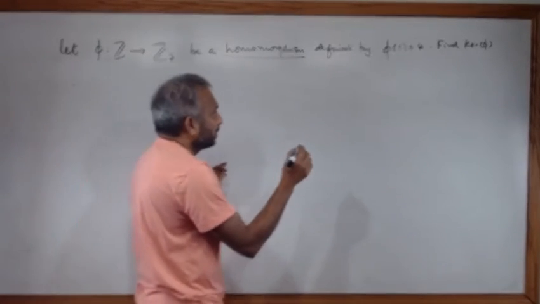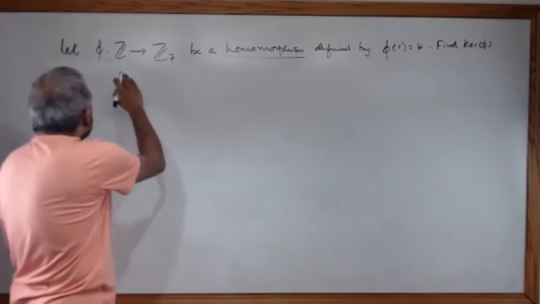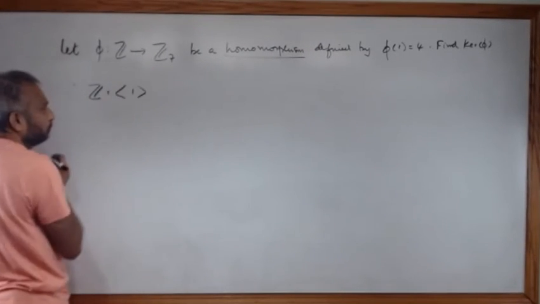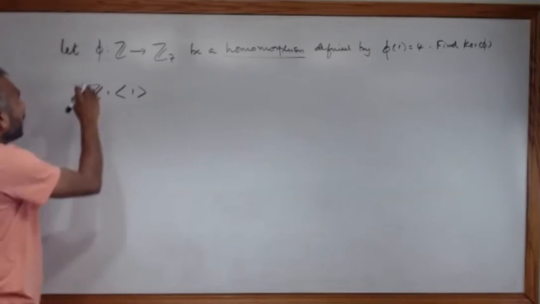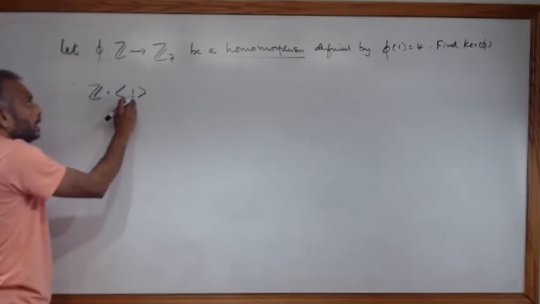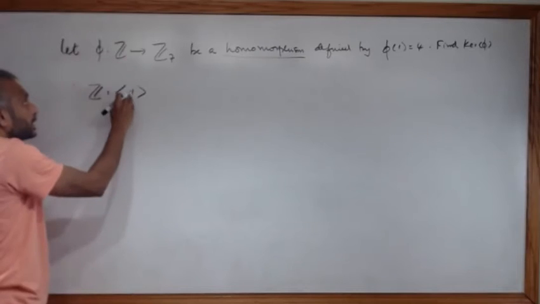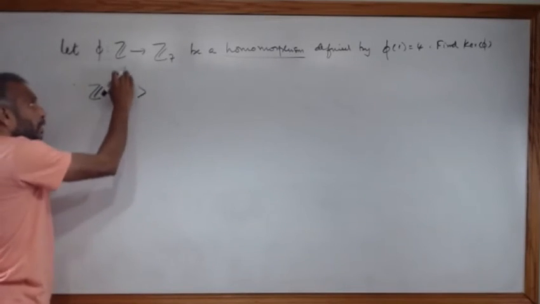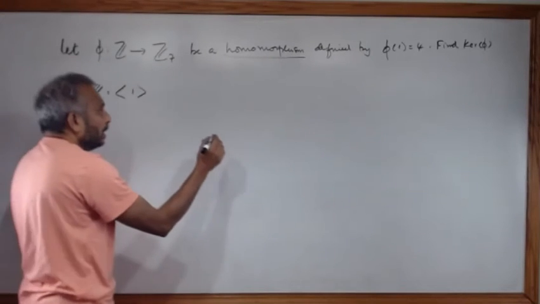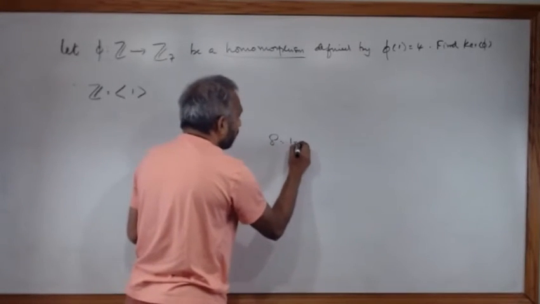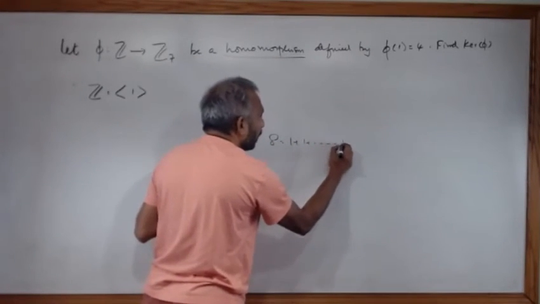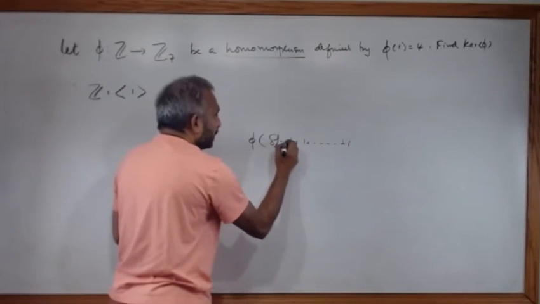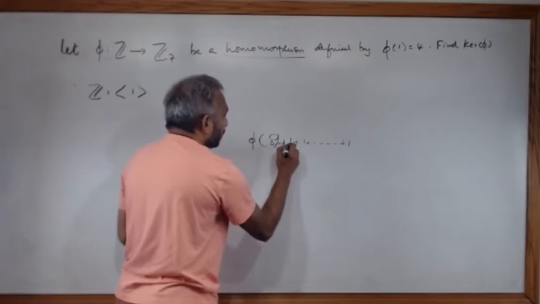Why? Because Z is actually generated by 1. Meaning every element of Z can be expressed as a finite sum of 1. For example, 8 is equal to 1 plus 1 plus dash dash 1, 8 times. So phi of 8 is equal to phi of this.